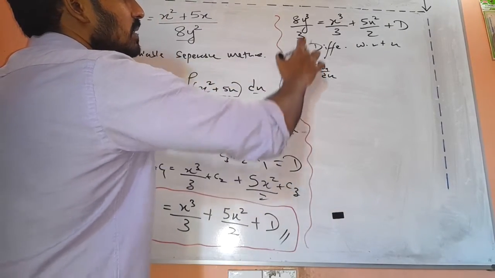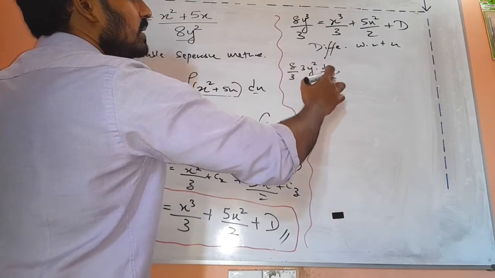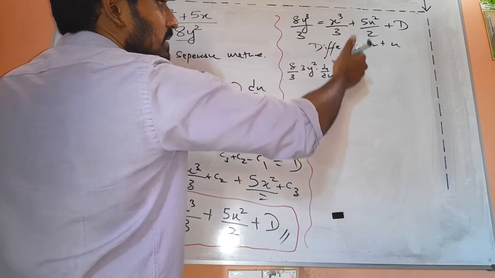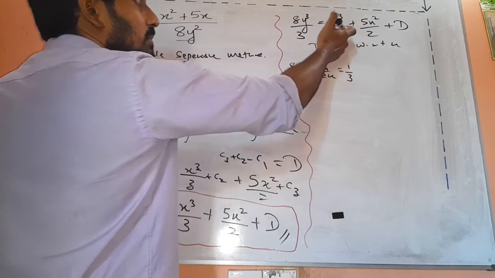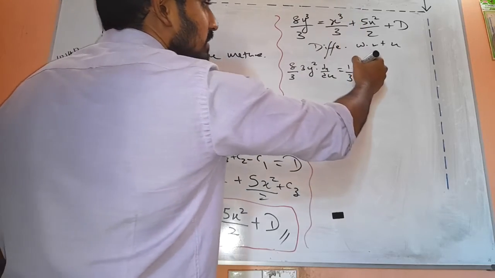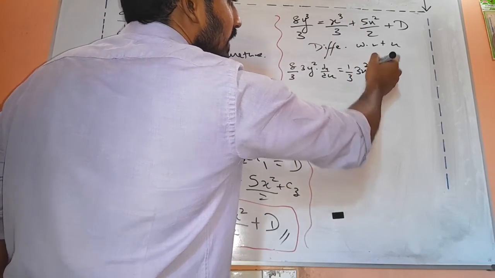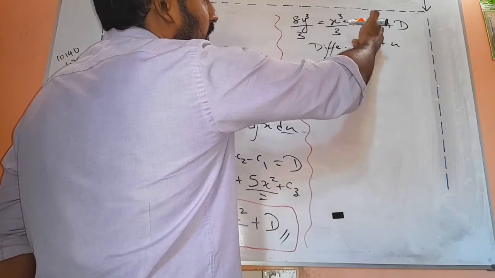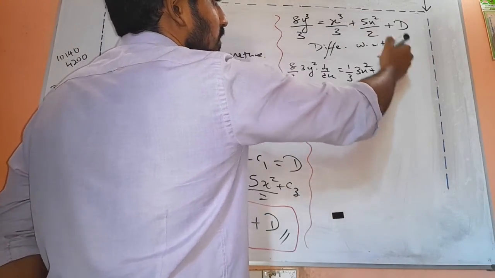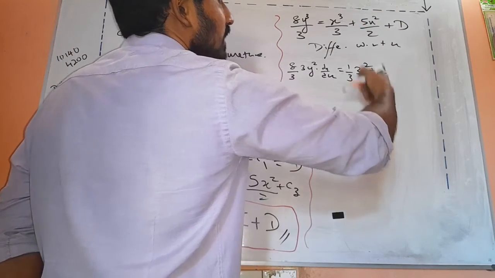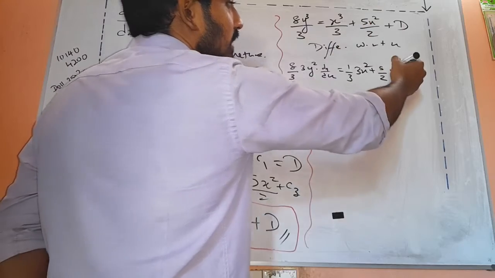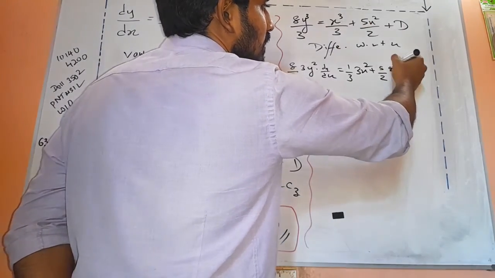So 8 by 3 constant, y cube gives 3y squared, then dy by dx, equals the differentiation of x cube by 3: one third because of the constant, then x cube gives 3x squared. And 5x squared by 2: consider the constant first, 5 divided by 2 times the derivative of x square, which is 2x, right?